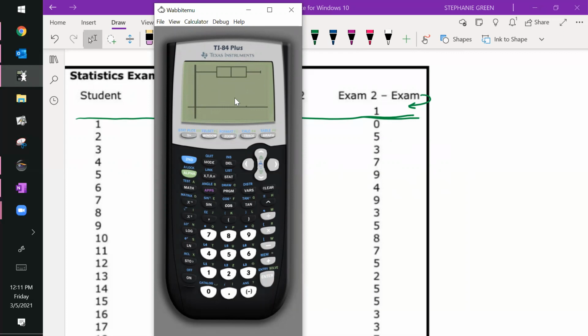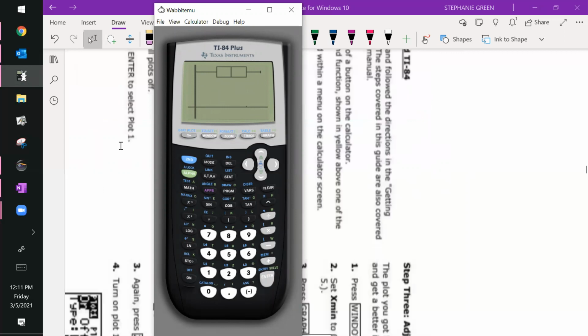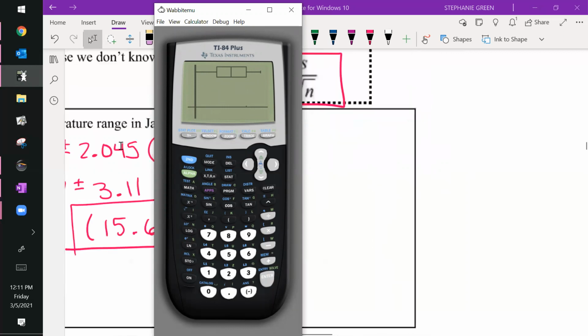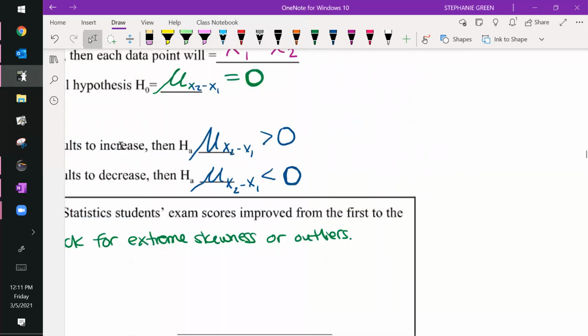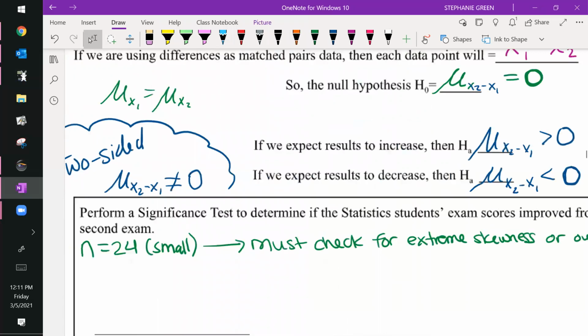So I'm going to sketch that into my problem as my way of showing my work. And it is just a sketch. So there are no outliers or extreme skewness.